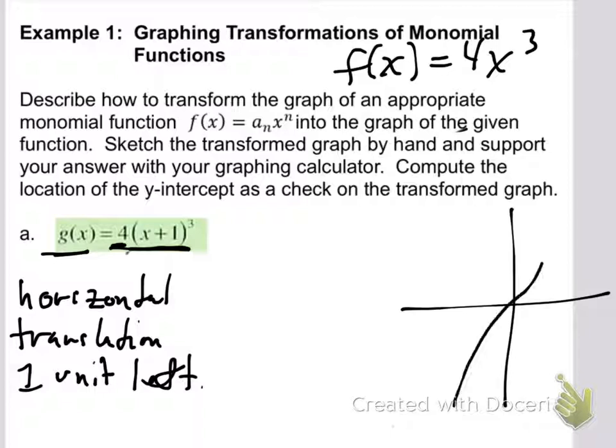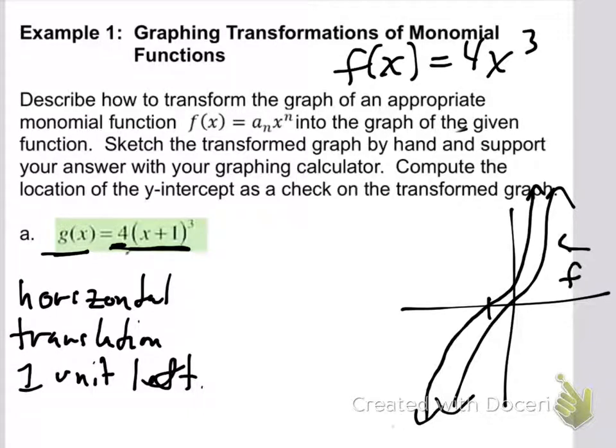So it's going to look something like this. And then we want to shift this 1 unit to the left. So this was f of x. This is my transformed graph g of x.